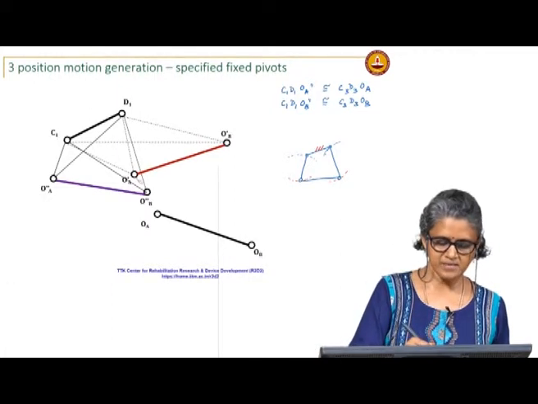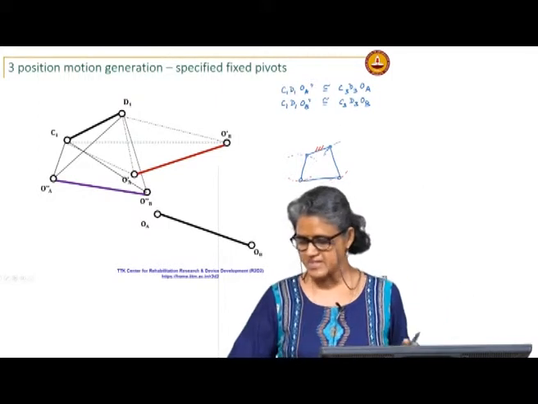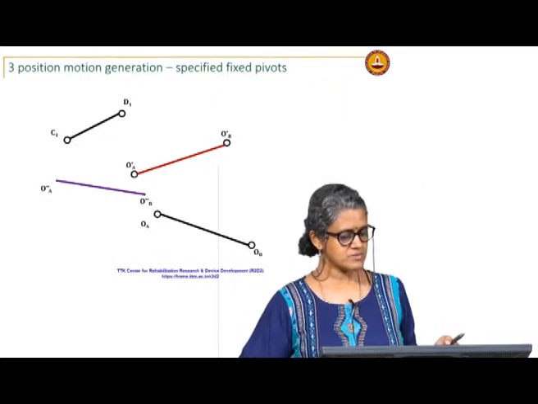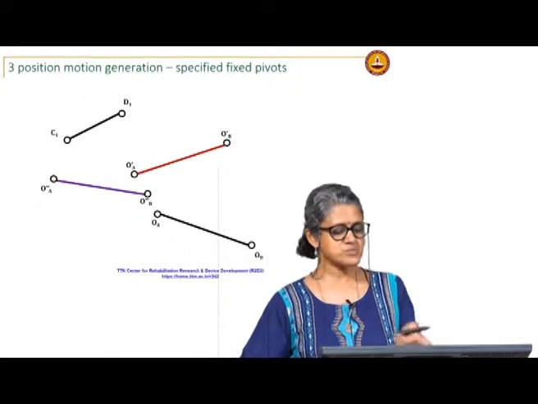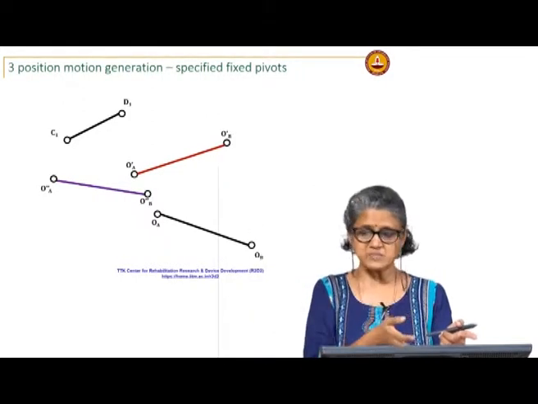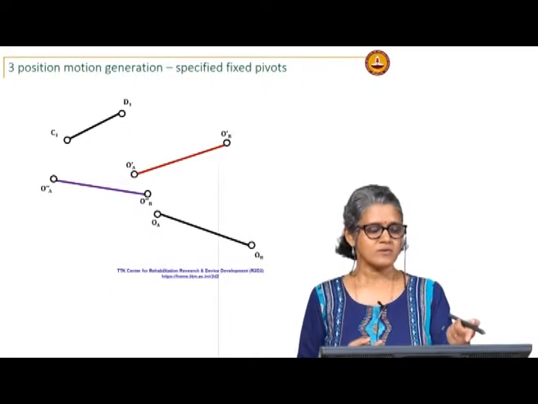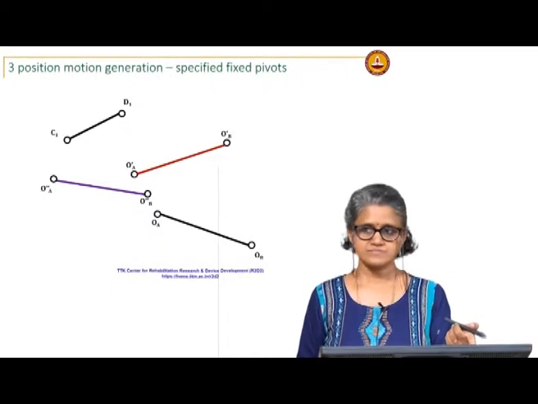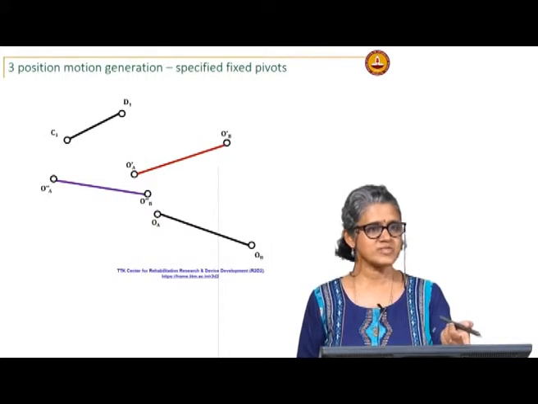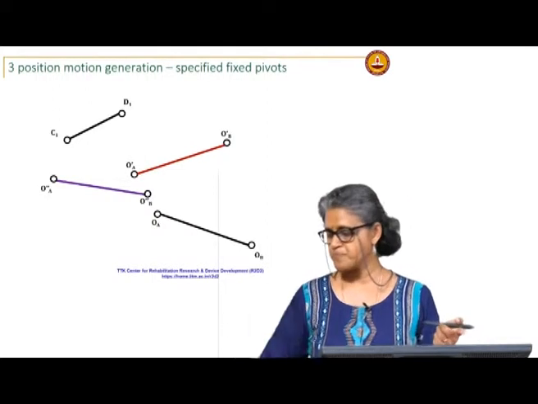Basically construct the perpendicular bisectors. I think I have them. So these are the three positions. So this becomes what? This becomes my moving. It becomes my 3 position problem with respect to CD. It is essentially the 3 position motion generation problem with respect to CD, C1 D1.